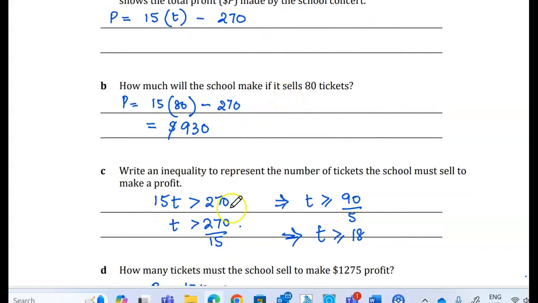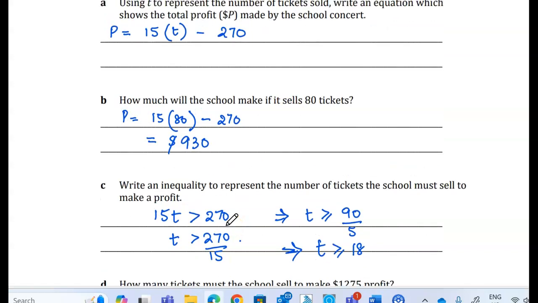Because 270 is your expense. So all I've said is that to have a profit, your tickets times the amount per ticket has to be more than 270. If it's 270, then no profit, so this has to be more. So that's what I've said. 15 times T has to be greater than 270. That means T has to be greater than this.